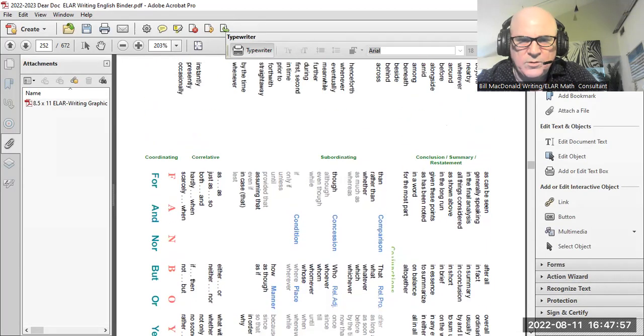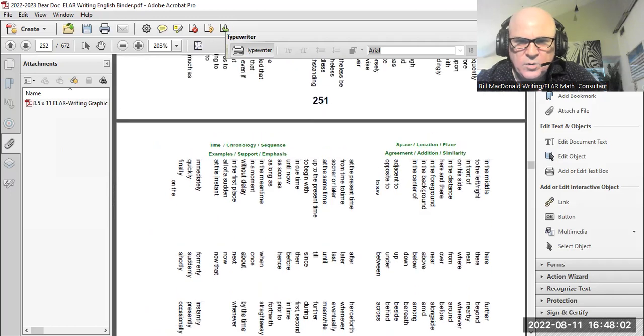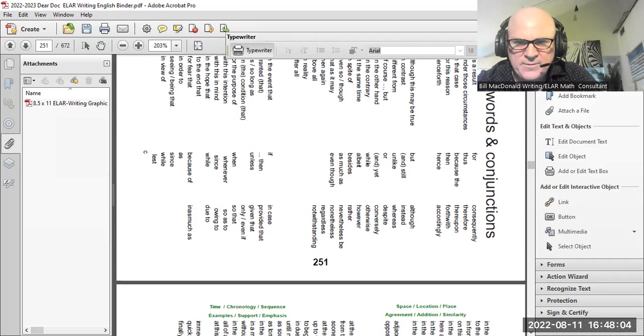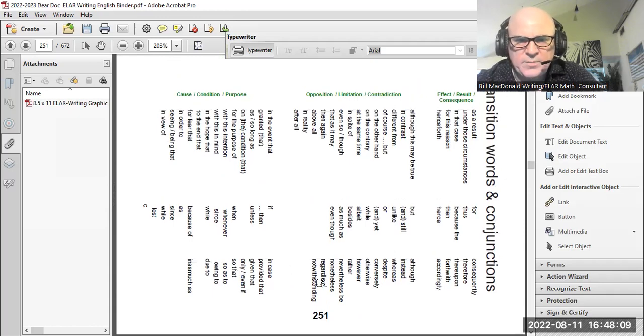I will scroll through here and see if I can see where they would have the opposite statement. There it is on page 251: the opposition, the limitation, the contradiction. So it would be any of these here in this section.